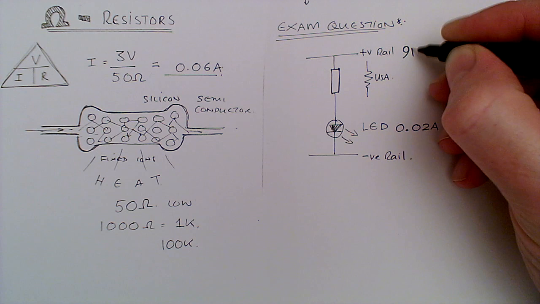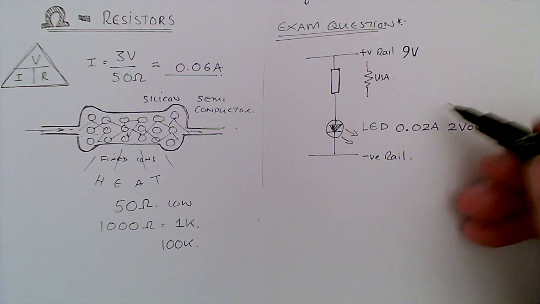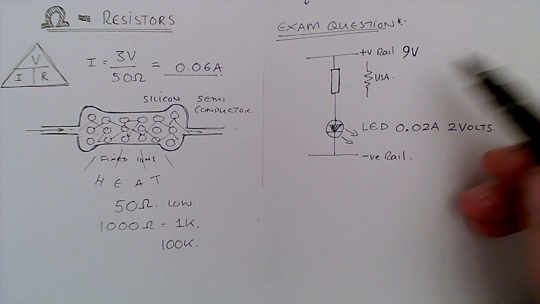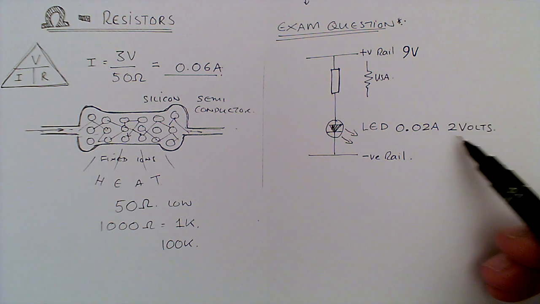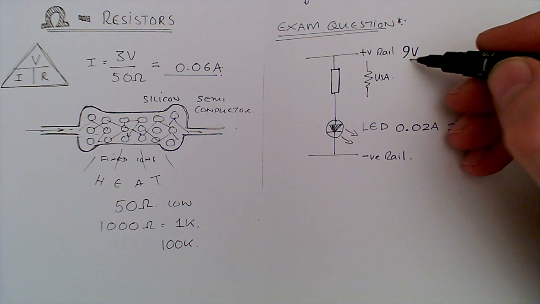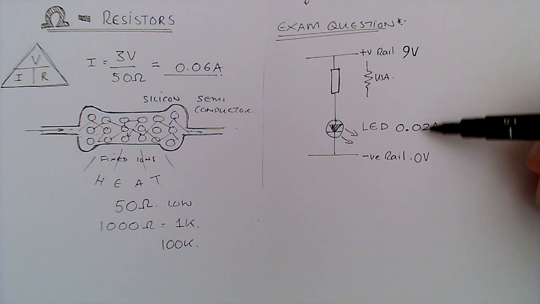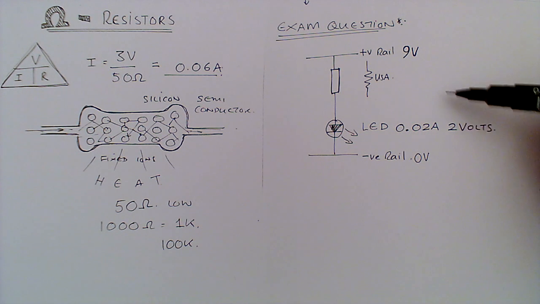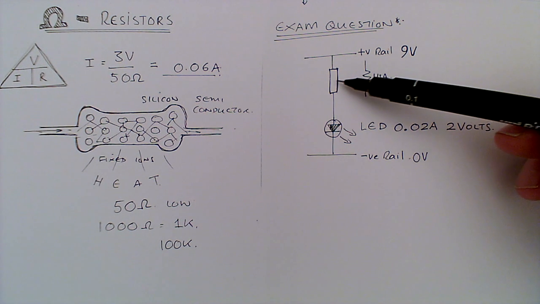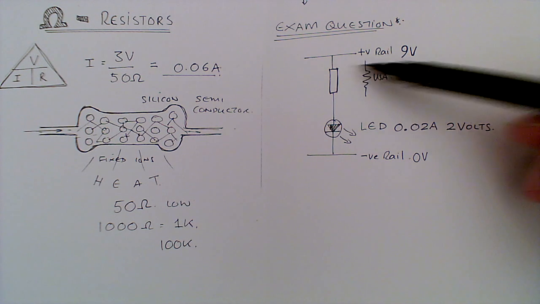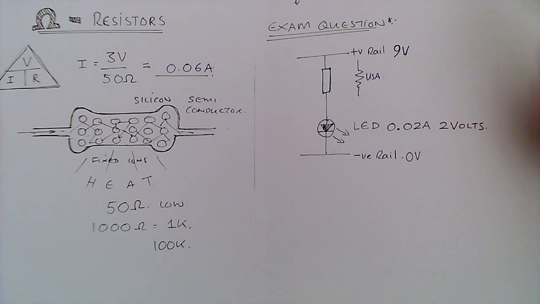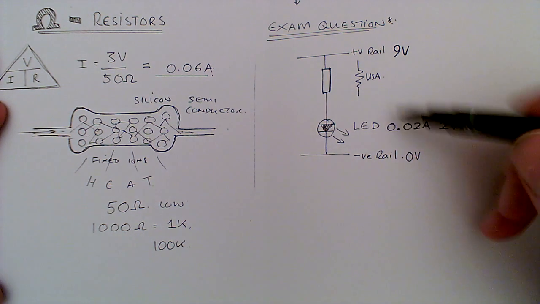They're always good examples. Now 9 volts is a lot compared to what we actually need, which is 2 volts. Remember that we're going from 9 volts down to 0 volts. So in this space here, we've got 2 volts. So for this resistor here, this resistor needs to use the remaining voltage. The remaining voltage needs to be accounted for.